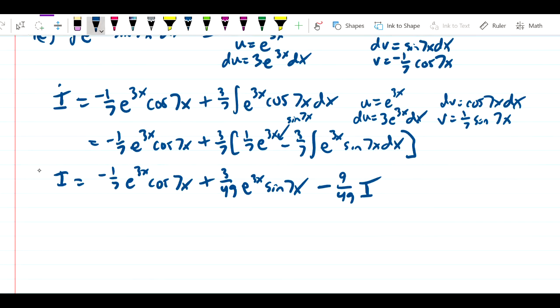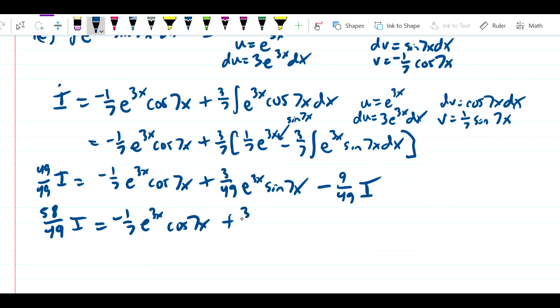So what I have here is 49/49 I, because it's just one I, and I'm going to add 9 to that, so that gives me 58/49 I equals negative 1/7 e to the 3x cosine 7x plus 3/49 e to the 3x sine 7x.